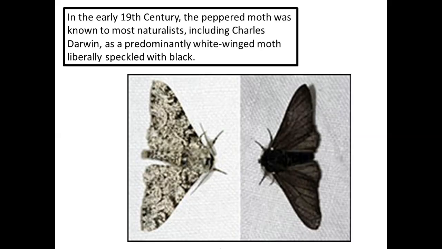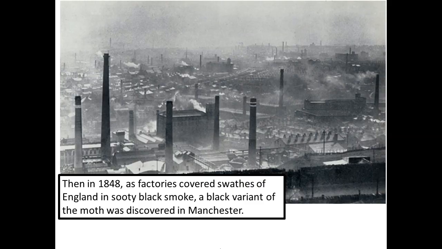If we look at the history, we find that in the early 19th century the pepper moth was mostly known as the white-winged one. Then, in 1848, as factories covered areas of England with sooty black smoke, the mutant black variant was discovered in Manchester, since the bark of the trees in this polluted area got darker. So it was easier for the black moth to survive than the white one.